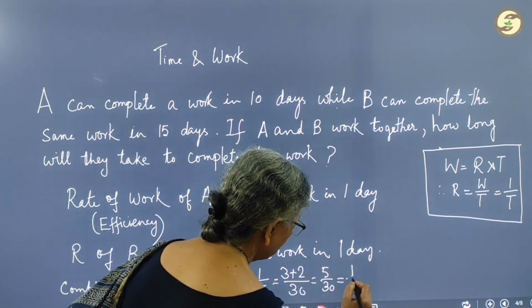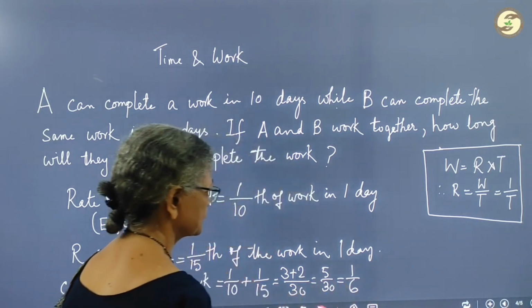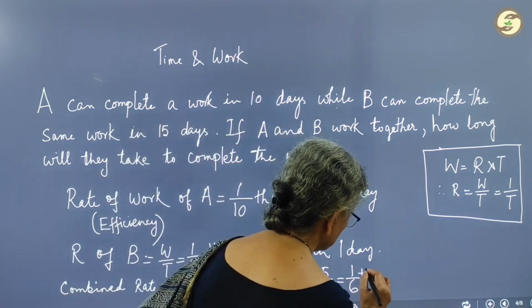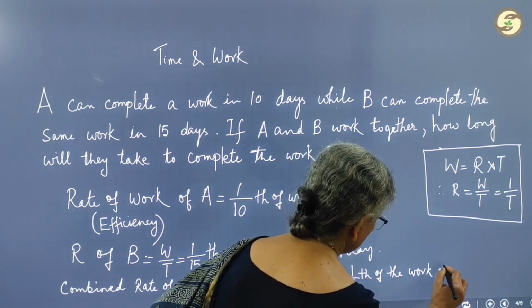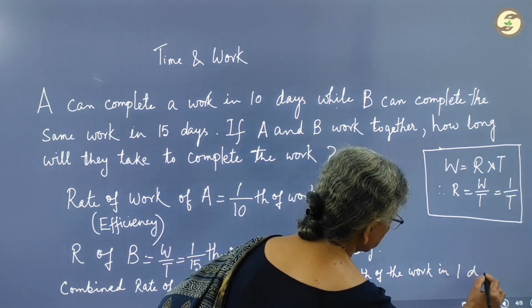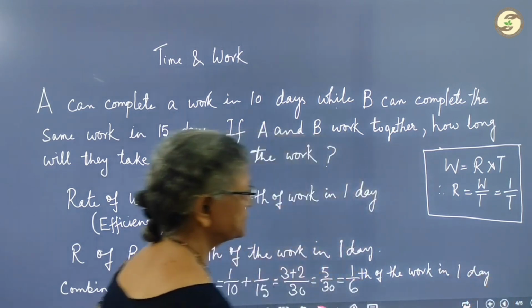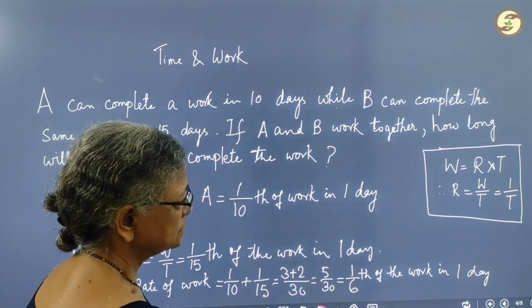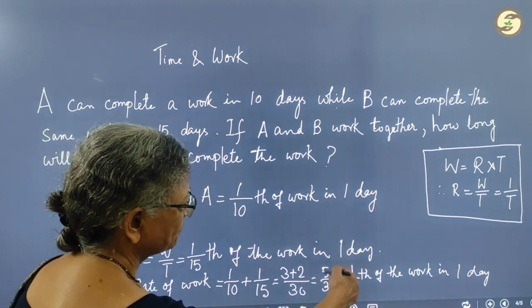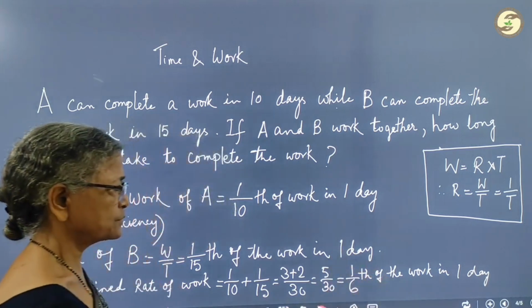So combined efficiency or rate of work is 1/6 of the work in 1 day when they combine together to complete the work. When they work together to complete the work, their combined efficiency is 1/6 of the work.